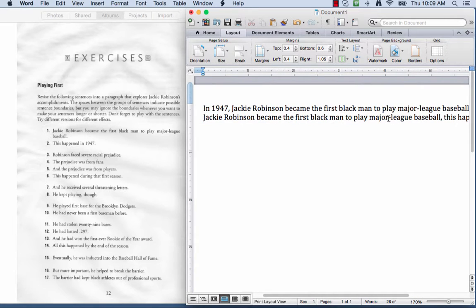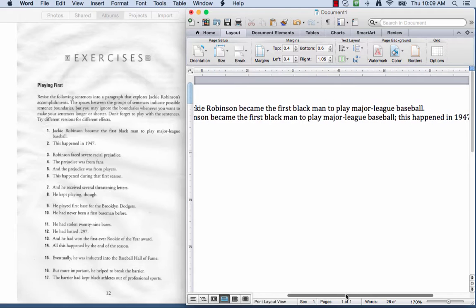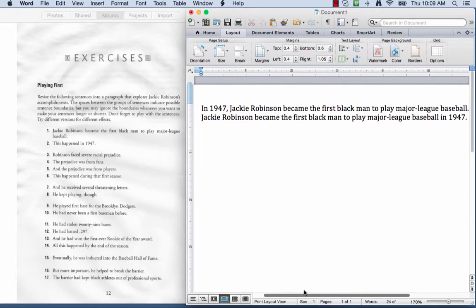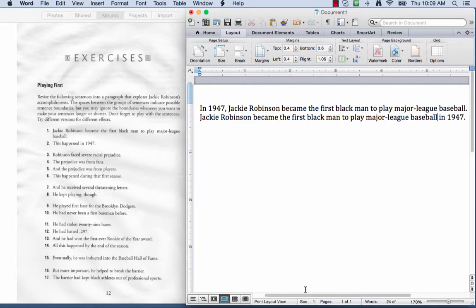You could fix this by putting a semicolon, but again, remember what I said earlier. This happened refers to this whole sentence, so why not get rid of it? And this time I'm putting in 1947 at the end of the sentence, and because it's at the end, I'm not going to need the comma.